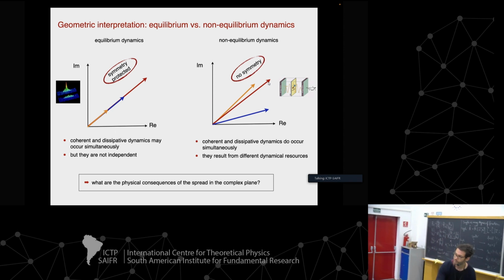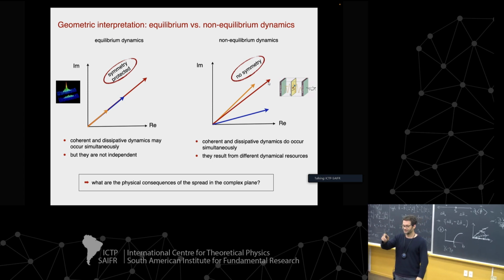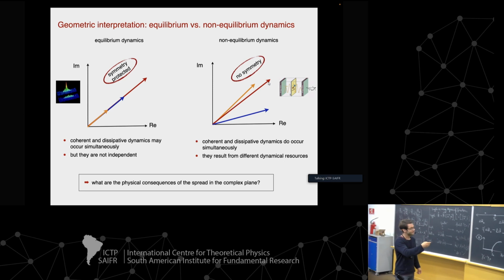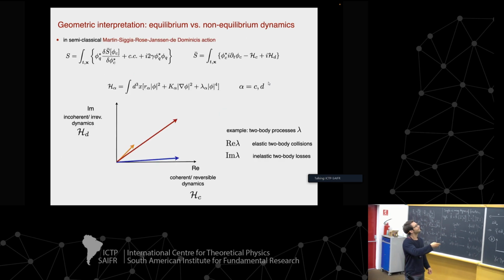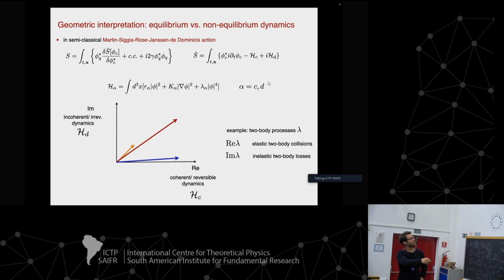Sorry, so what do different colors represent here? Those are like different baths, but how do those baths differ? No, let's go back. It's very good that you're asking this. So here alpha is the coherent or the dissipative part. And each of these parts has a kind of expansion in this Landau-Ginzburg.